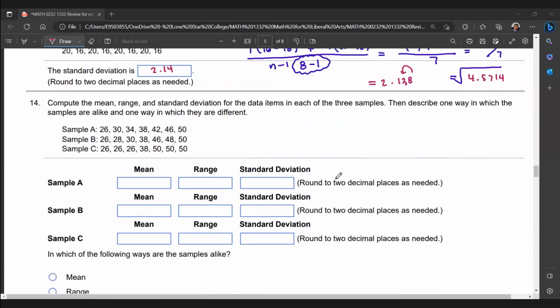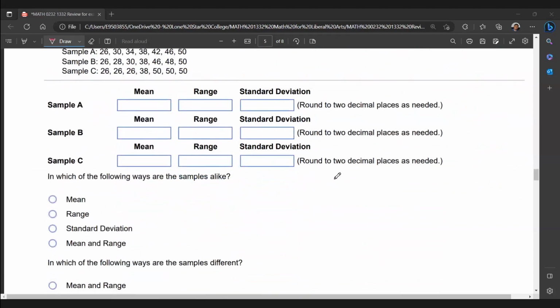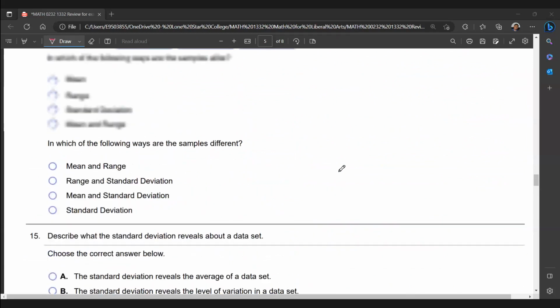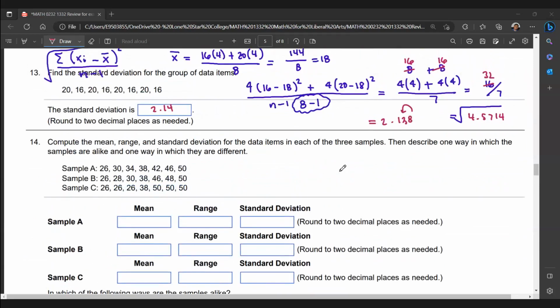Okay, so compute the following: mean, range, and standard deviation. Okay. All right. So let's look at the first one and then see if we could use technology for the other 2 examples, okay? All right, let's find the mean.